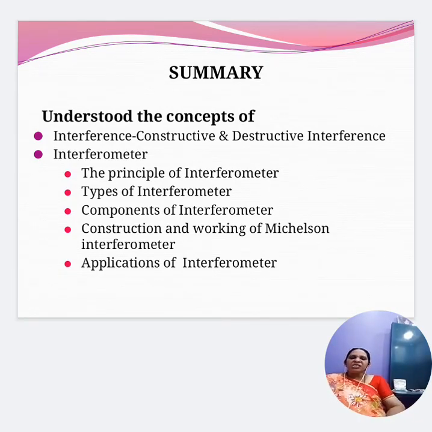The working principle of a Michelson's interferometer is that the light from the source is monochromatic light which strikes the collimating lens. The collimating lens converts the light into a parallel beam, and this beam falls on the second transparent glass plate.